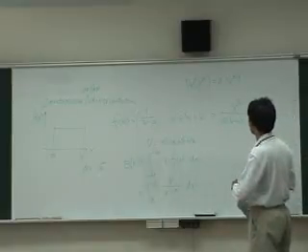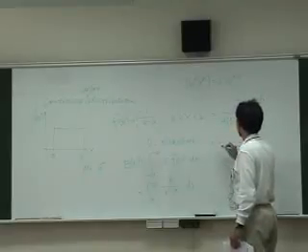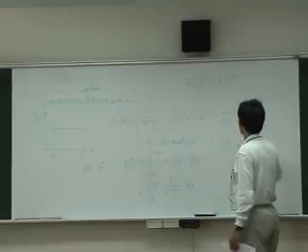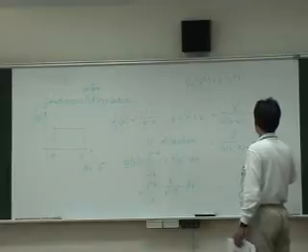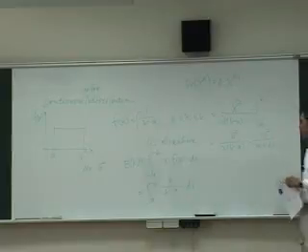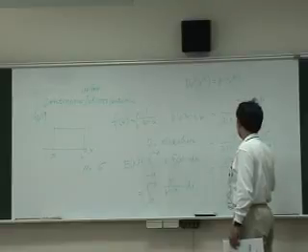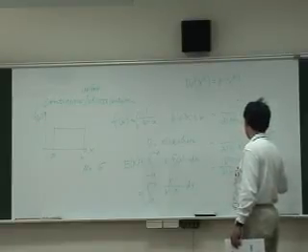And now it's going to be 2(b minus a), b squared minus a squared over 2(b minus a). So you get b squared minus a squared over 2(b minus a). So what is that?